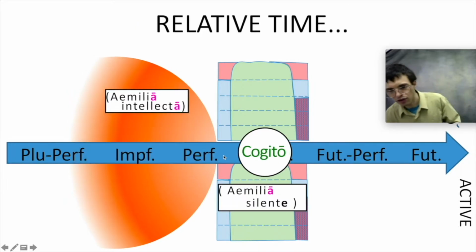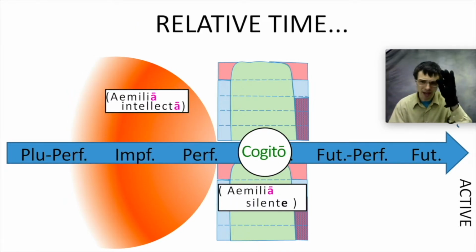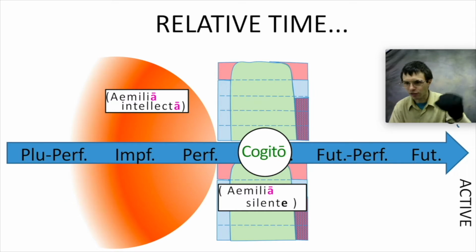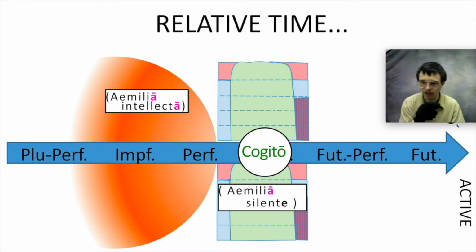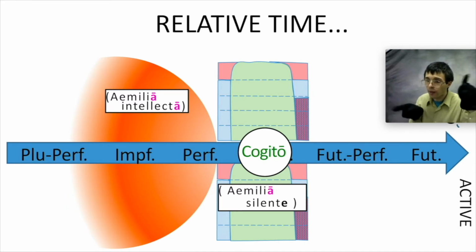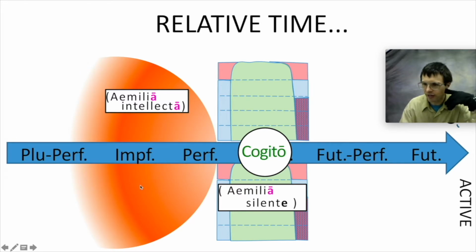So these are the two places that you can have ablative absolutes as like a secondary verb or secondary clause surrounding the main verb. So it could be with Aemilia being silent, I think, or I am thinking, or with Aemilia having been understood, I am thinking. Mr. Redmond, what about the other two corners? How are we going to do those? Have you learned yet a perfect active participle?